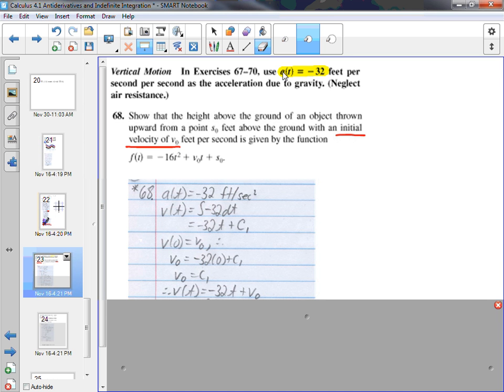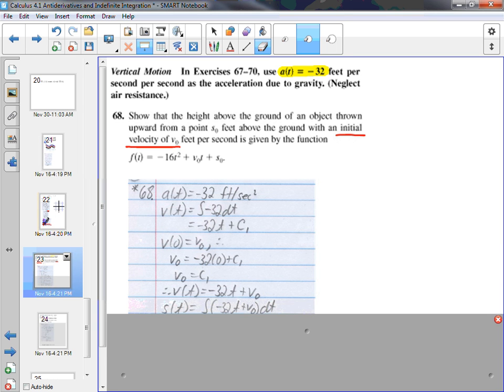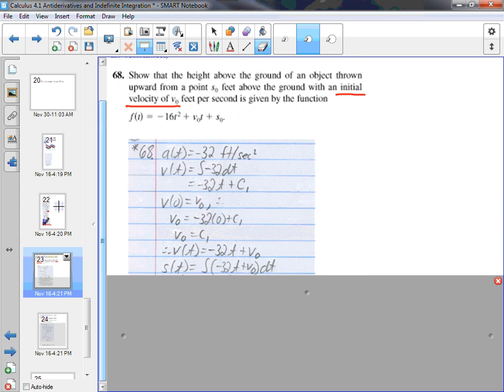And guess what we do now to find the position function? We do it all again. The position function, s of t, is going to be the antiderivative of the velocity function, the indefinite integral of the velocity function. Notice again, at the end of that integral, it's a dt, because our variable is t, it's a function of time. What's the antiderivative of negative 32t?